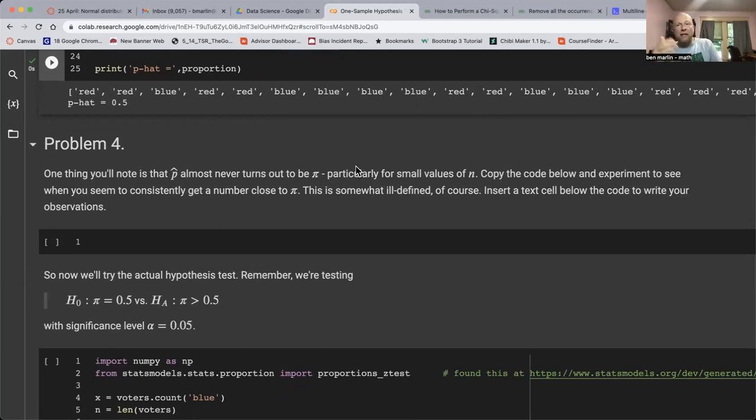Make it large, make it small, but do multiple data runs with the same n value and see when you think that you're getting consistently numbers that are close to 60%. Then insert a text cell below that and tell me what you found out.